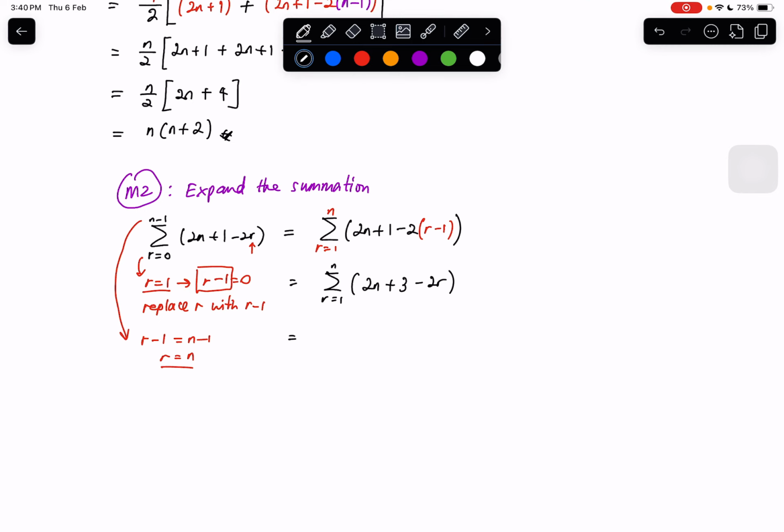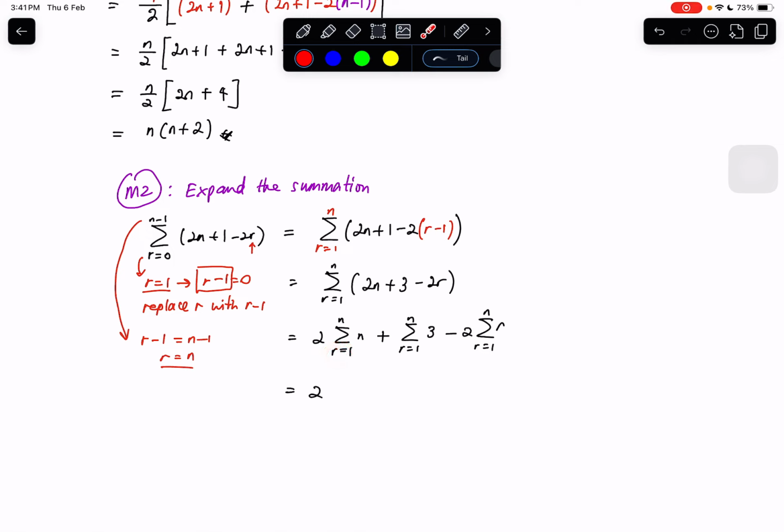Now we are going to sum. Let's break this out. We can distribute the sum like this: break out the sum of n, then times 3, then minus 2 times the sum of r. Take note what is our variable and what is our constant.